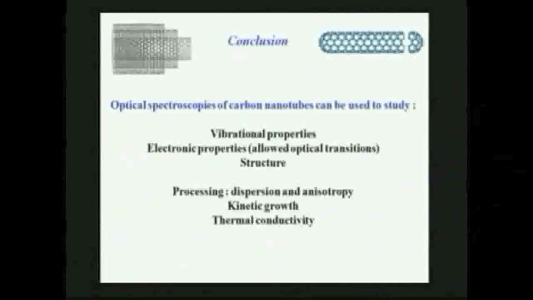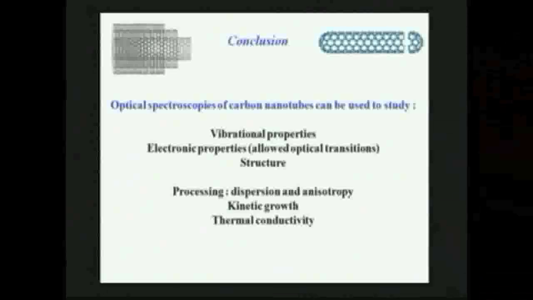And we didn't have time to show, but it's true also that you can have information of the orientation of the nanotubes because the signals are very polarized. So you can use polarization measurements to detect the orientation of the nanotubes. You can follow the kinetic growth during a CVD measurement.